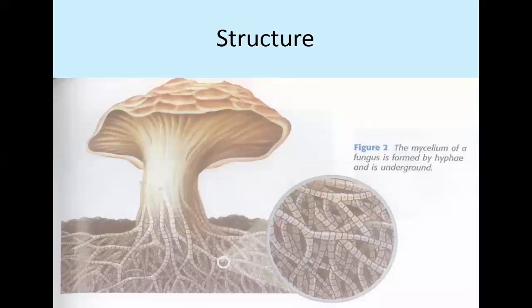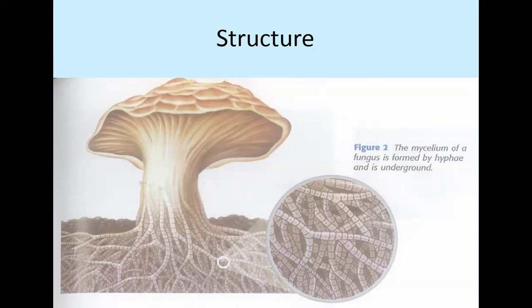This is a diagram from the book, and it shows a fungus. The top part which you see, this umbrella-like structure, is the mushroom. The mushroom is like the reproductive part of the fungus. Mushrooms contain spores in them.